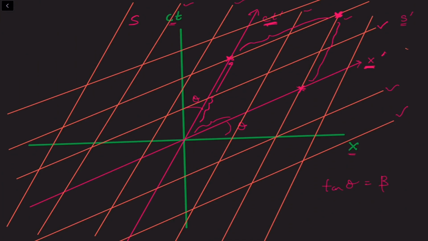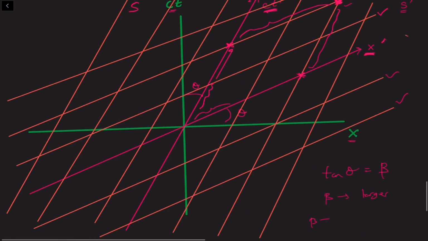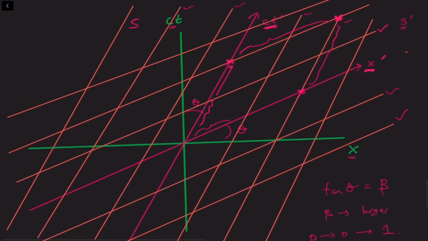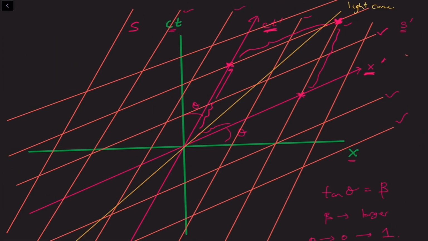The interesting thing you can see is that as beta gets larger, that is, as beta goes from 0 to 1, as the speed of S prime relative to S approaches the speed of light, this angle theta gets larger, to the maximum limit where, as I've shown with this light cone over here, the x prime axis and the t prime axis would get squeezed closer and closer towards the light cone.